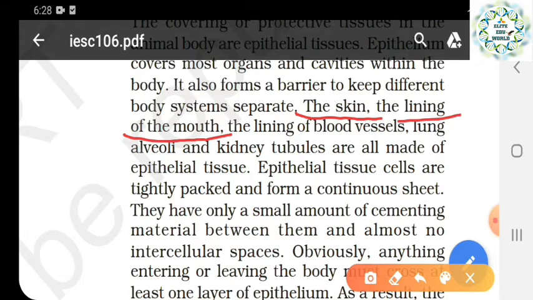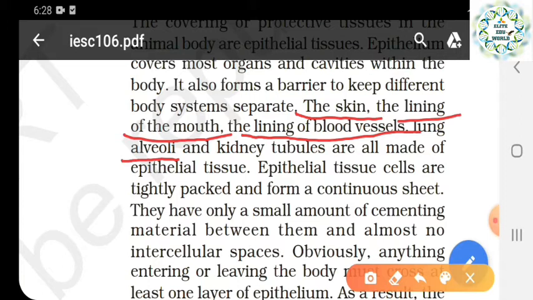The lining of blood vessels. In our body we have different kinds of blood vessels like arteries and veins, and the inner lining of these blood vessels is also made by epithelium. And the lungs, the alveoli. In the lungs we have already seen the alveoli. So what is the function of alveoli?